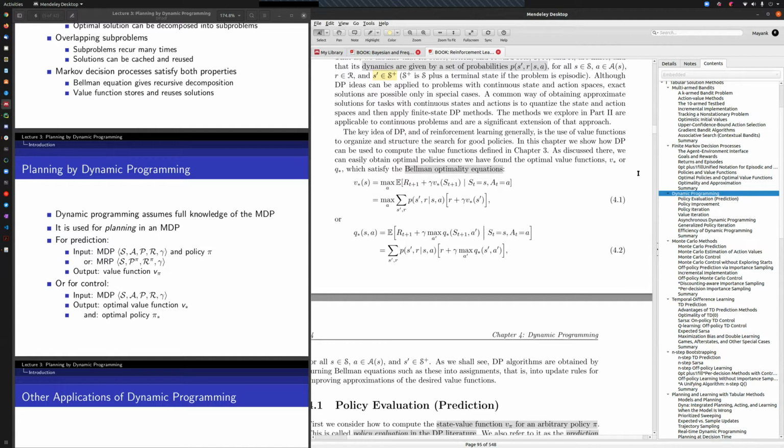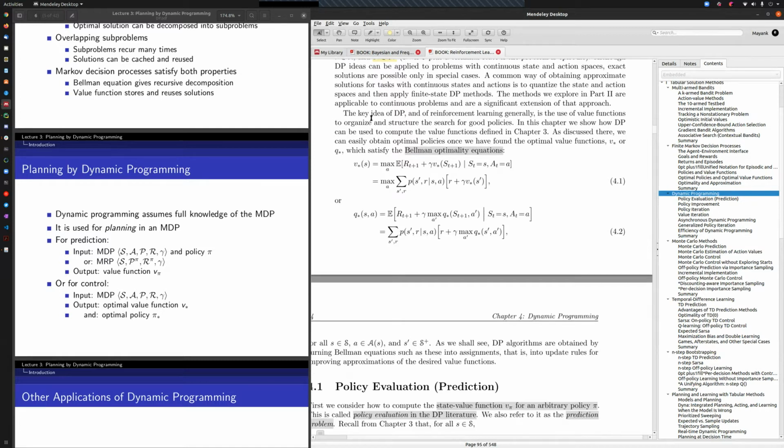So this was the idea of DP: to organize the structure and search for good policies. And we can easily obtain the optimal policies once we have found the optimal value function, that is V star or Q star, which satisfy the optimality equations.